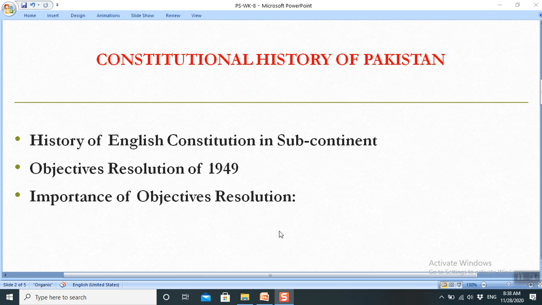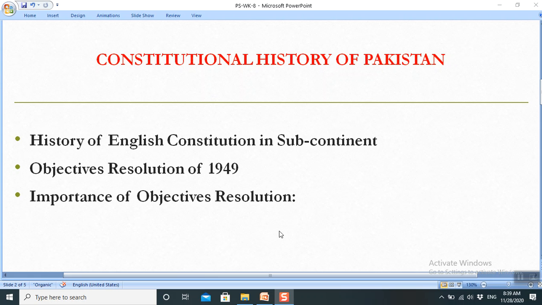After Pakistan came into being, both India and Pakistan adopted the India Act 1935, and India made more changes and modified the constitution according to their needs.